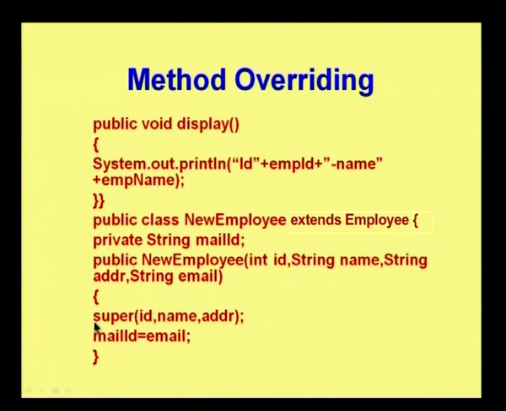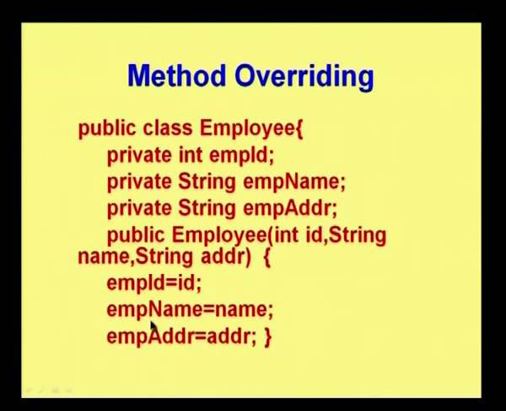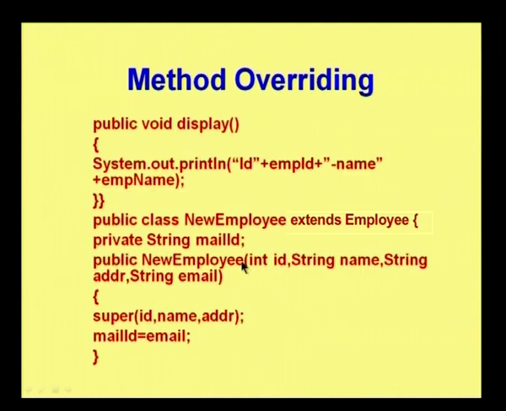Super is the keyword used in order to access the base class, or super class, constructor or variable. Here we have used super, then I have given the parameters ID, name and address, which is my base class constructor. After that I initialize the value called mail. So this will be executed first and then this statement will get executed.